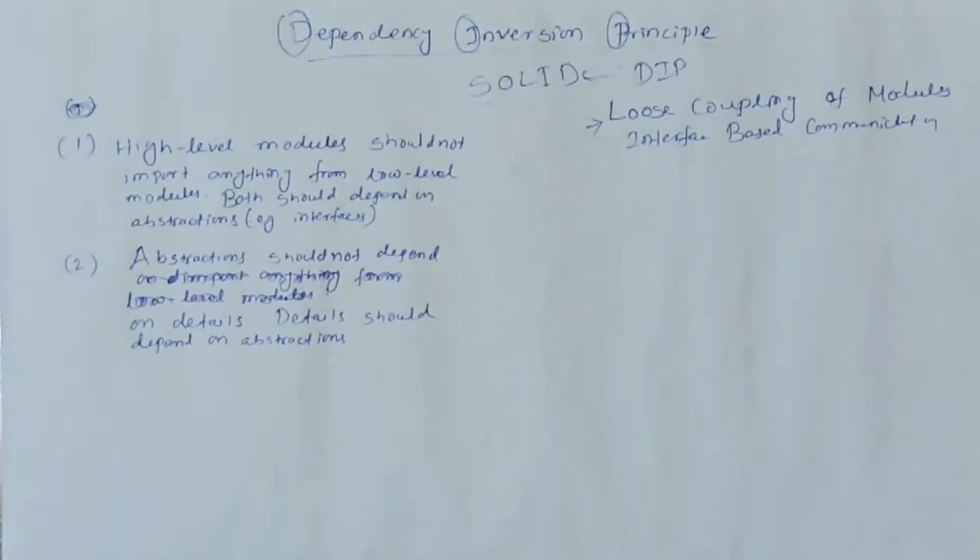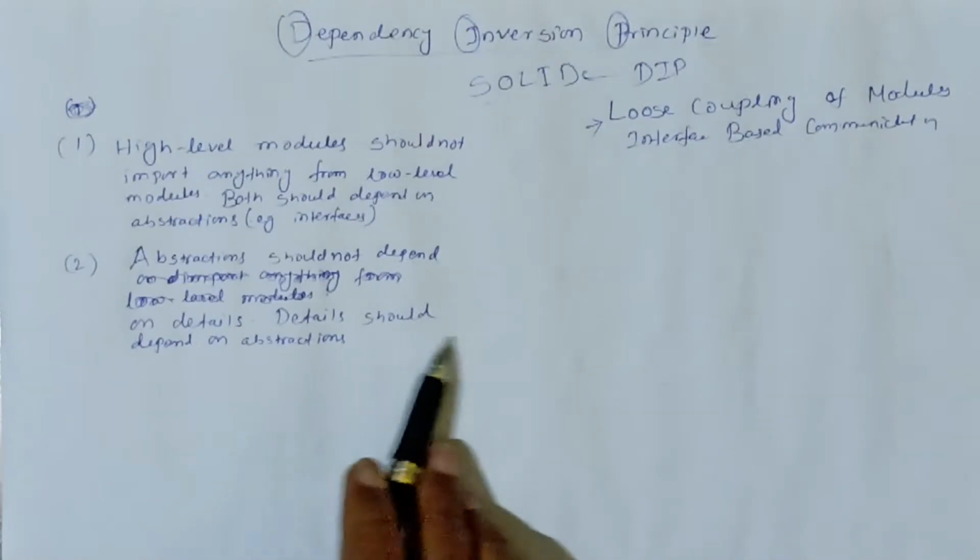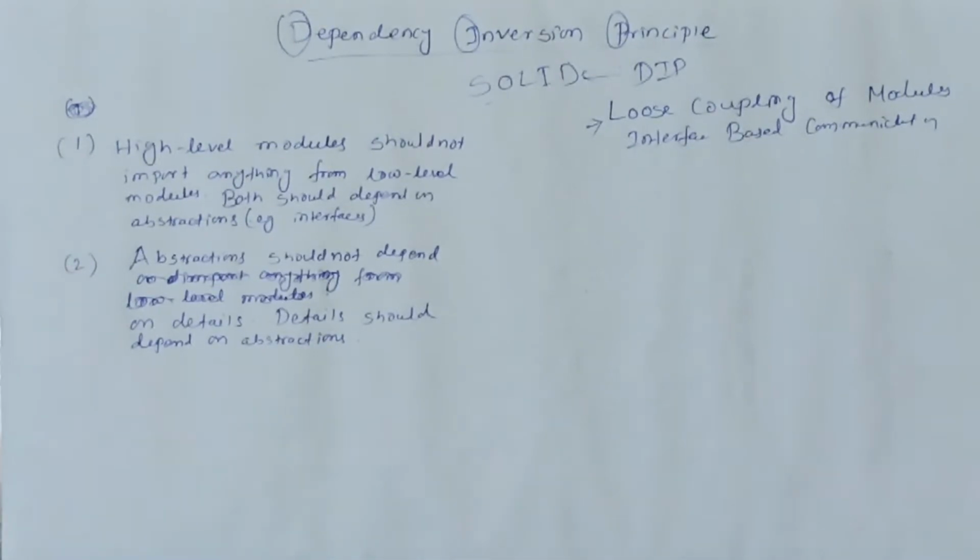See, first it told that a high level module should depend upon abstractions or interfaces. Next it tells that abstractions should not depend on details. Here, details means the concrete class or the implementation. Instead, details should depend upon abstractions.